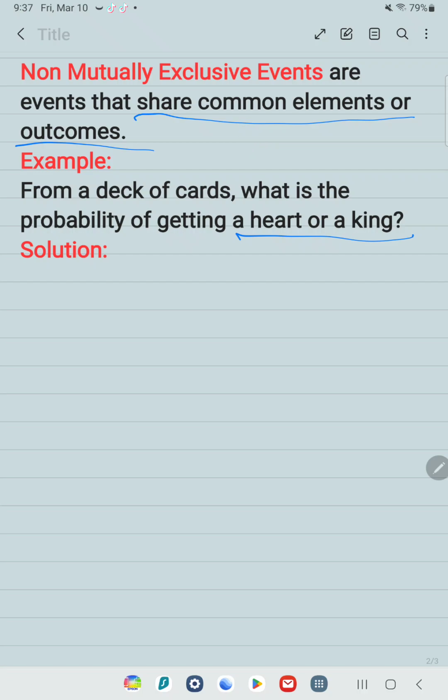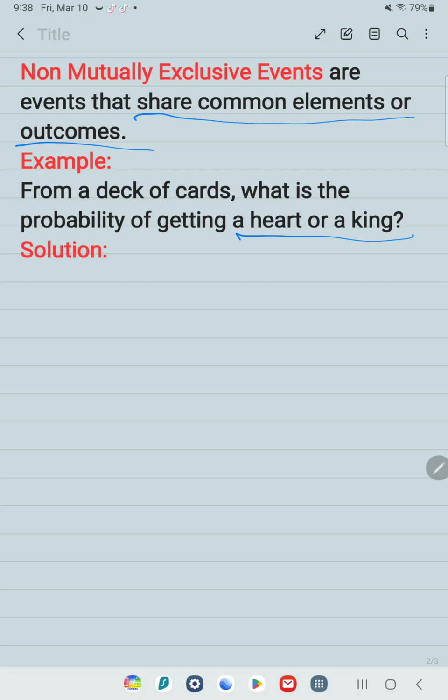If you're familiar with the cards, we know that we can have a king that is at the same time a heart. So there is a common outcome here. You can get a heart and a king at the same time.